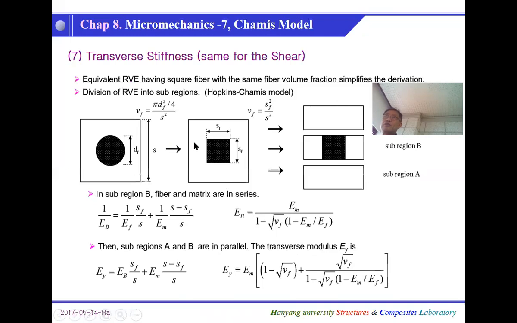This is the procedure of analytical solutions, and this is one equation. As you can see here, EY is a function of the fiber and resin, which is different from the previous one.